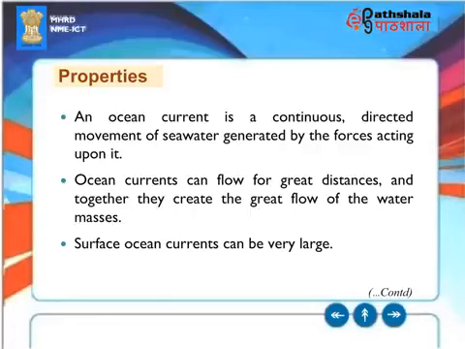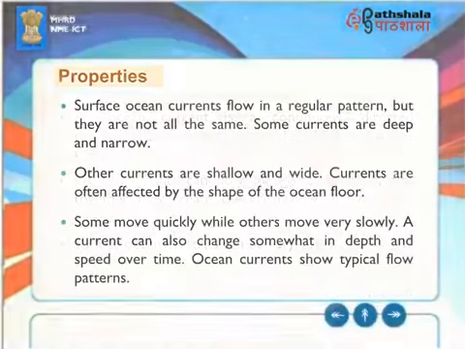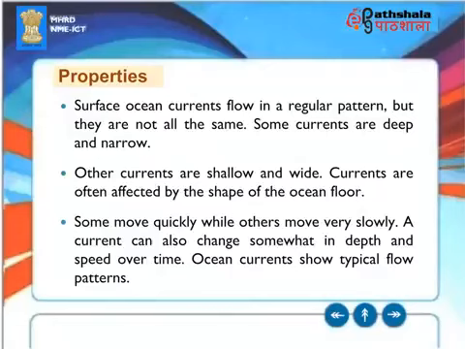Properties. An ocean current is a continuous directed movement of seawater generated by the forces acting upon it. Ocean currents can flow for great distances, and together they create the great flow of the water masses. Surface ocean currents can be very large. Surface ocean currents flow in a regular pattern, but they are not all the same.